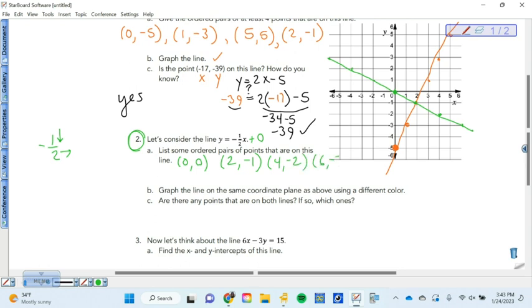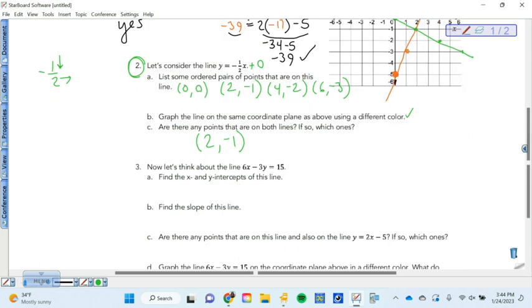Perfect. 6, negative 3. Excellent. Already graphed it. Are there any points that are on both the green line and the orange line? Which point? Yeah, 2, negative 1. Perfect. So 2, negative 1 would be the solution to this system of equations, right? The intersection is the solution.